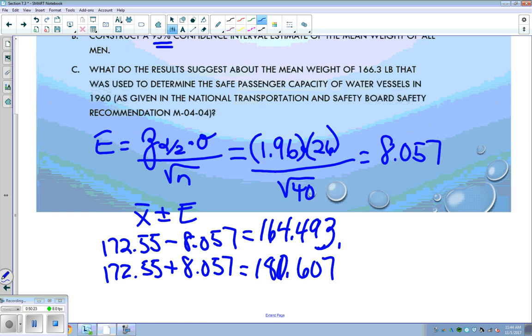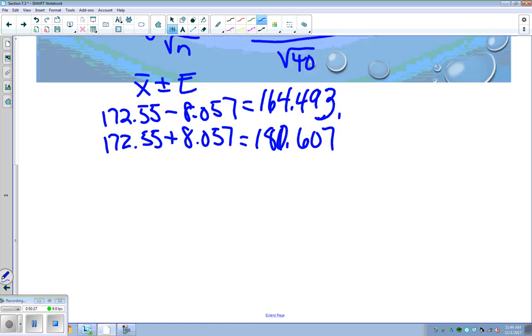Now that we've added and subtracted, let's write our confidence interval. So 164 point, and we're going to round. You tell me what I'm rounding to. What's the rule? What was I given? Was I given the statistic, or was I given lots of raw data? I was given the statistic, wasn't I? And the statistic came to me to the hundredths place.